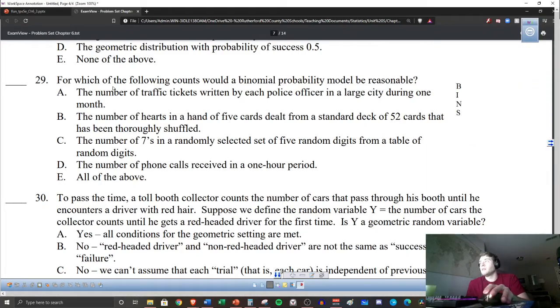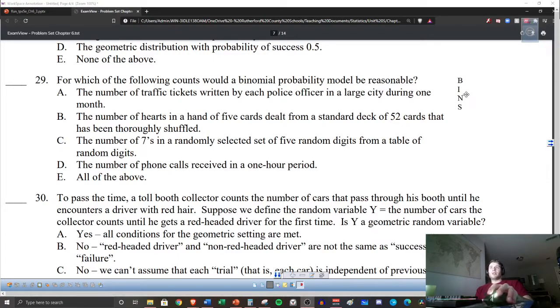Okay? So for number 20, it says, for which of the following counts would a binomial probability model be reasonable? The number of traffic tickets written by each police officer in a large city during 1 month. Well, it's definitely numeric. But let's think about this.